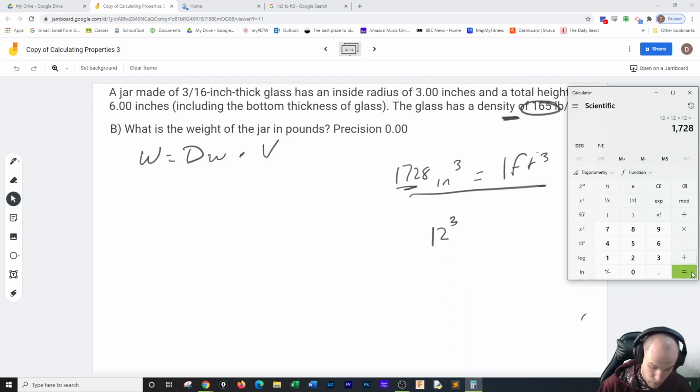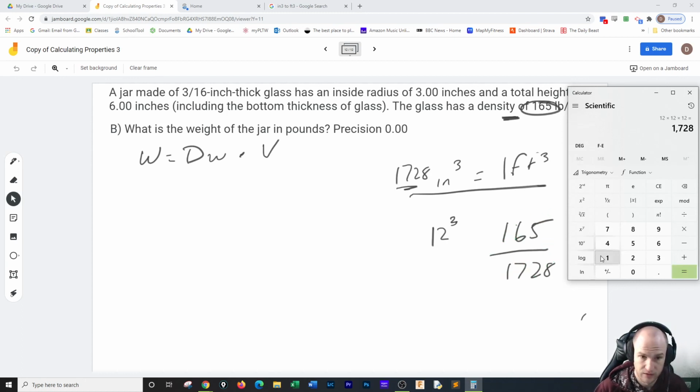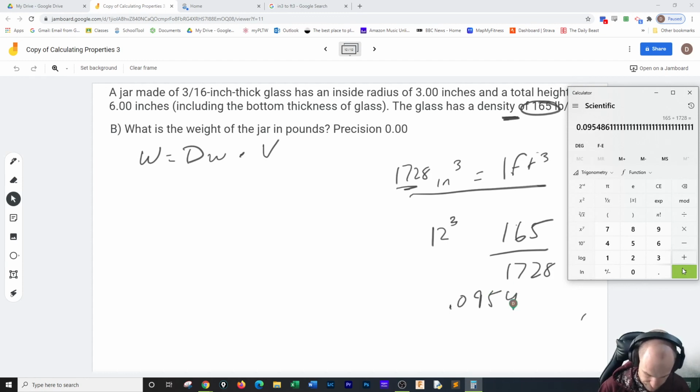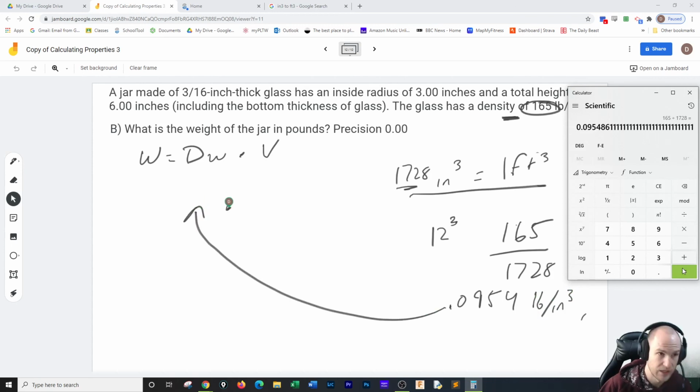To figure out what our density is in pounds per inches cubed, we're going to do 165 divided by 1728, which is going to give us a density weight of 0.0954, etc. pounds per inches cubed.